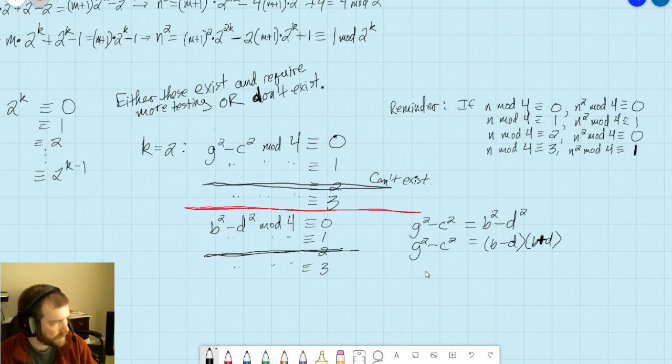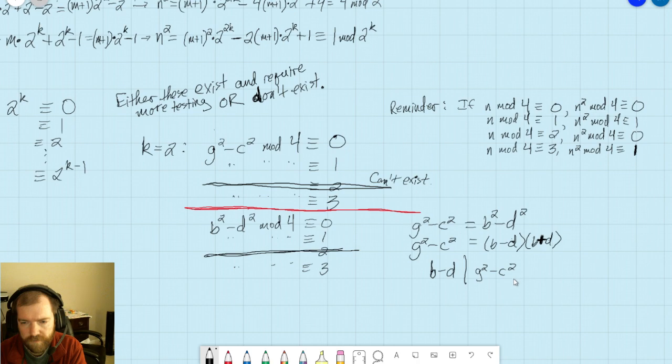Now, specifically, she said in this case that b minus d is going to divide g squared minus c squared, and b plus d is going to divide g squared minus c squared.